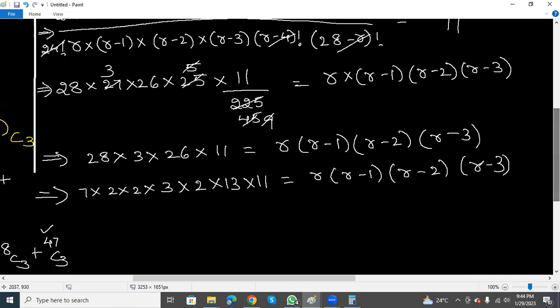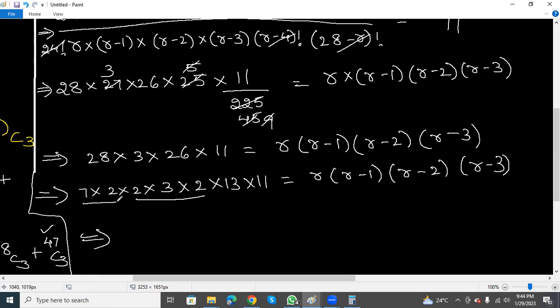Now, if we pair the numbers, we can write four consecutive numbers. We need to check. 11 is already there, 13 is already there. Can we make some numbers as 12? Let's check: 3 twos are 6, 6 twos are 12. Yes, if we multiply these three numbers, we can make 12.